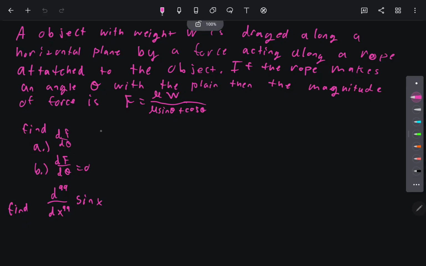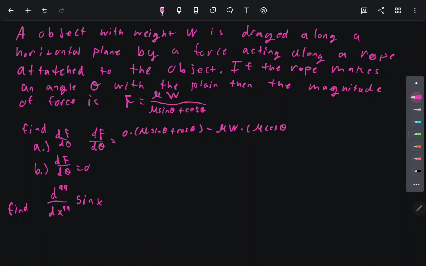Well, in this case, dF d theta, the derivative of the numerator is 0 times by the denominator, mu sine theta plus cosine theta, minus, well, we have mu weight times by mu cosine theta.